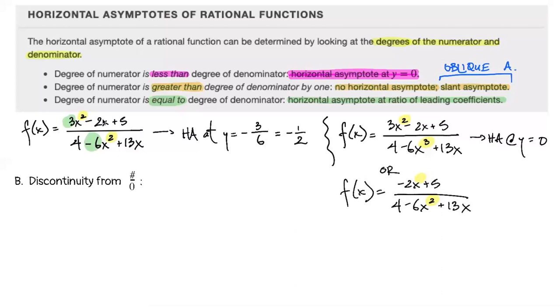Or you could write any option as long as the degree on the bottom is bigger than the degree on the top. Right? So we're looking at this more conceptually, like what's the idea behind it, rather than computing things right now.